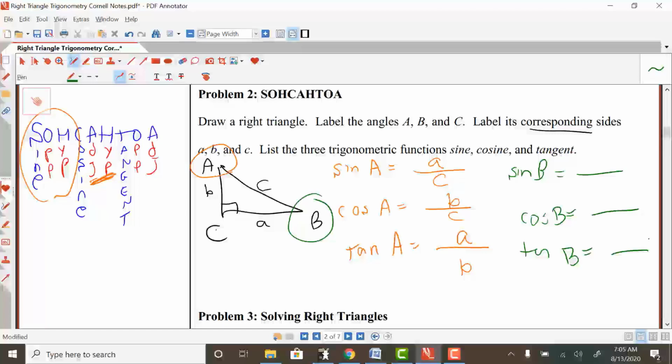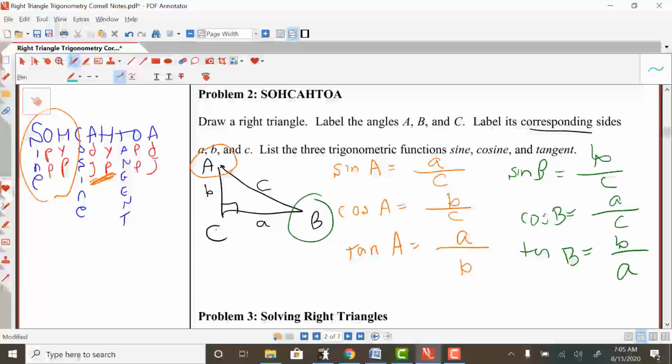Okay, so sine of B, we have the opposite, which is little b, over little c. Cosine B would be the adjacent, little a, over little c. Tangent of B would be the opposite over the adjacent. Now, I'd like you to start noticing something.